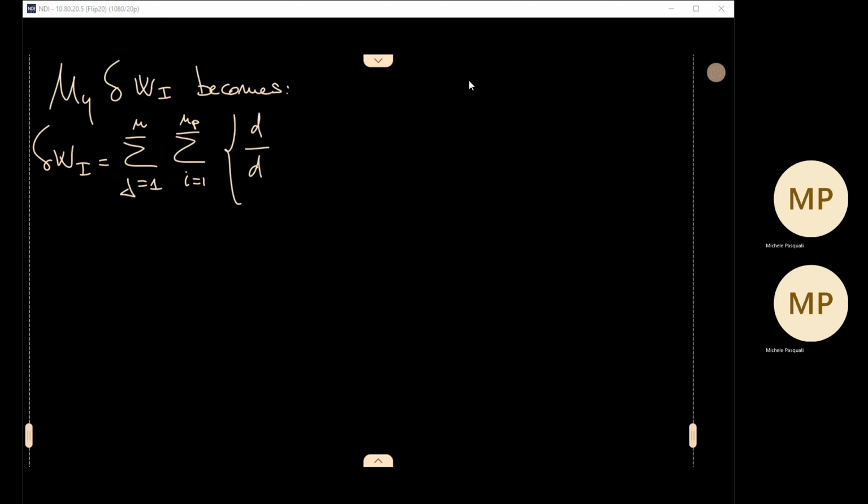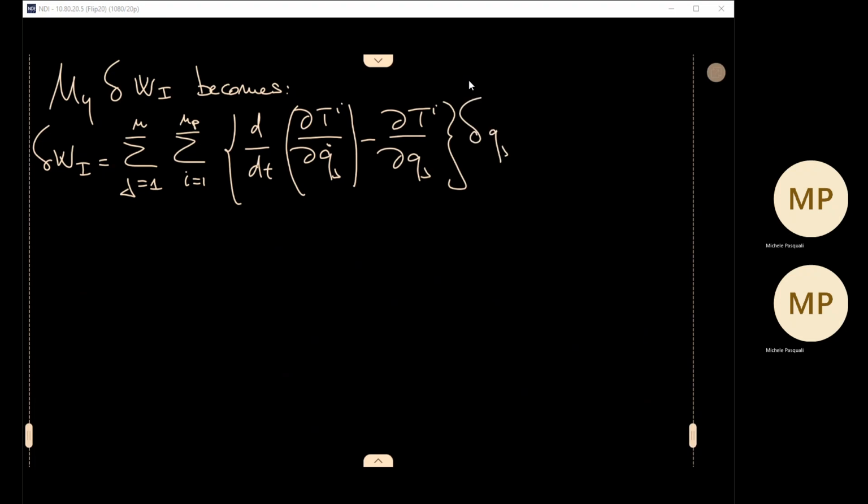Well, let's just rewrite what we have written before. So d/dt of the partial of Ti over q_j dot minus the partial of Ti over q_j, times delta q_j.